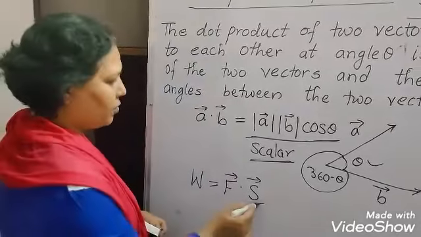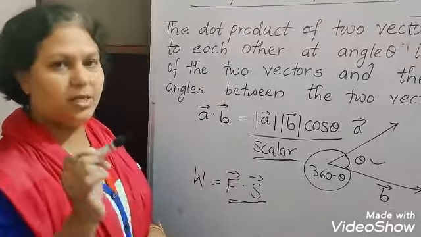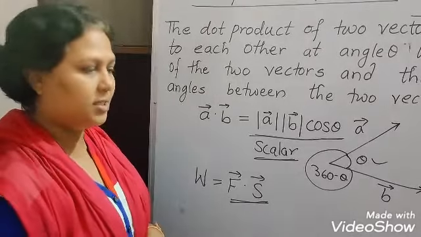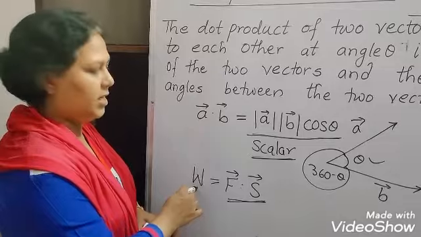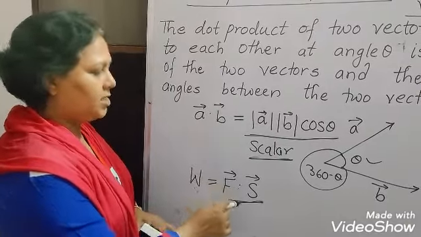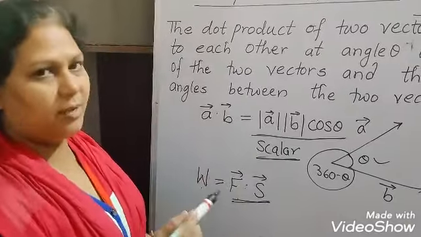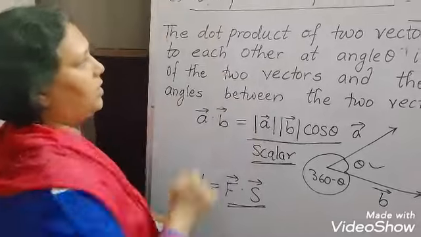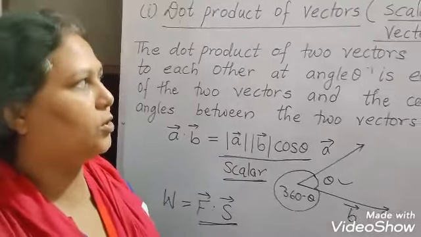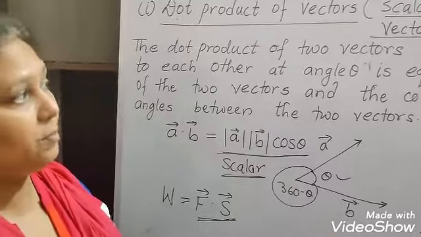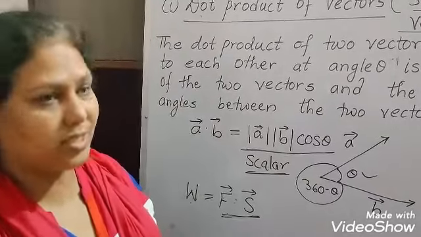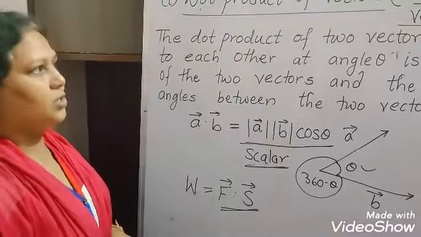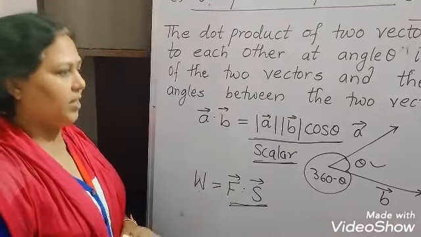So the force and the displacement both are vector quantities, but their product is a scalar quantity, and that's why this dot product is called the scalar product of two vectors, because the multiplication of two vectors gives a scalar quantity.